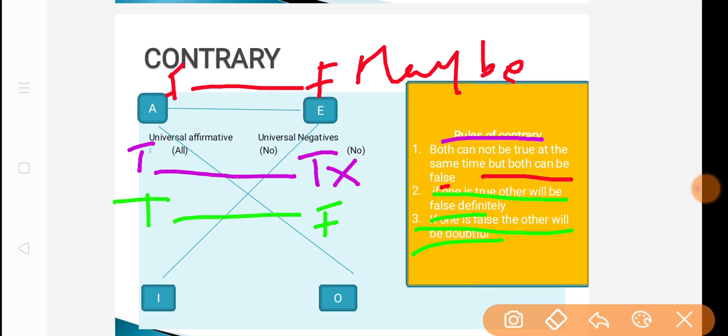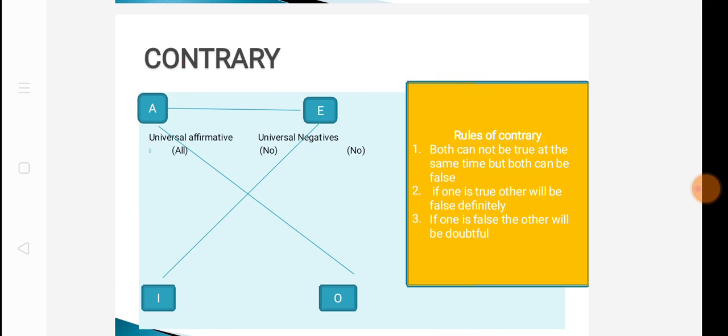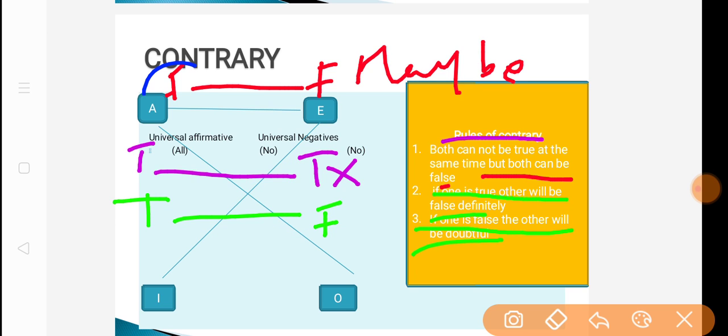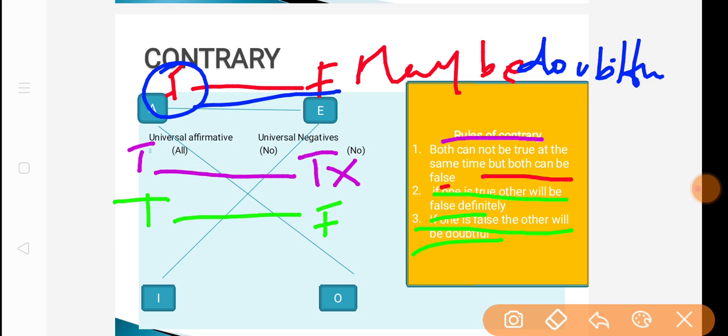What does it mean? If one is false, the other must be doubtful. It may be false or it may be true. They have a chance.